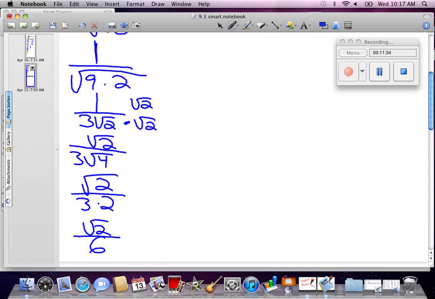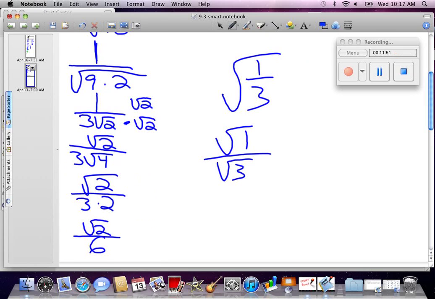Okay, let's look at the next one. The next one's easier. We have the square root of 1/3. With fractions, the first thing you do is separate them. Square root of 1 over the square root of 3. What times what gives us 1? 1.